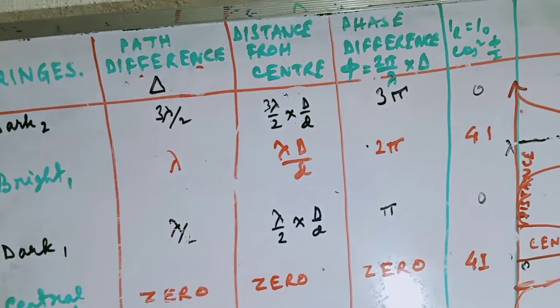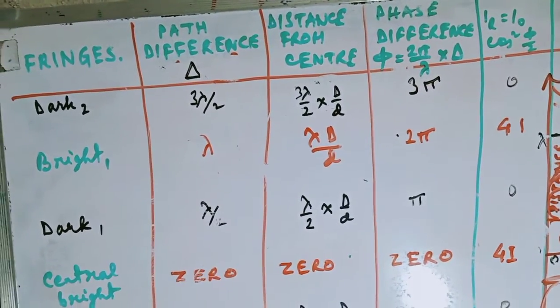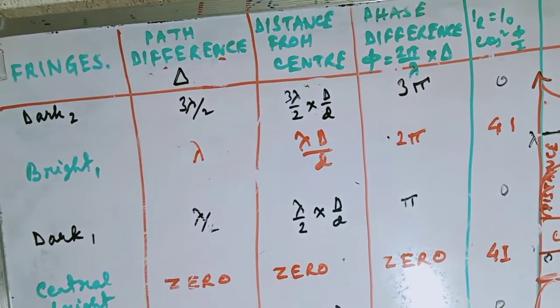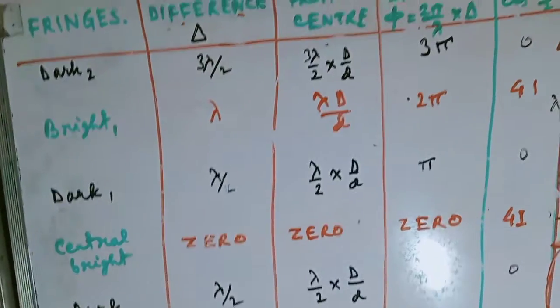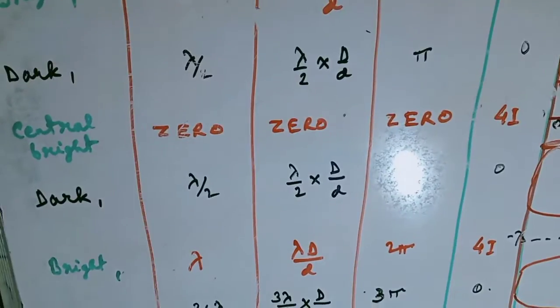Similarly, distance from the center is given here. Phase difference phi is equal to 2 pi by lambda into d. Now compute it. You will get 2 lambda. I have shown you the calculation. I am not giving detail here. This is very simple.